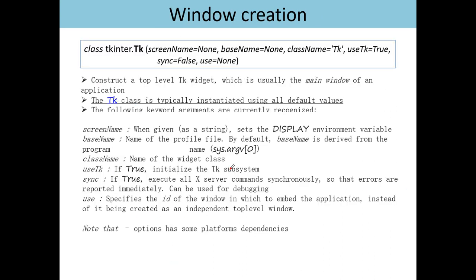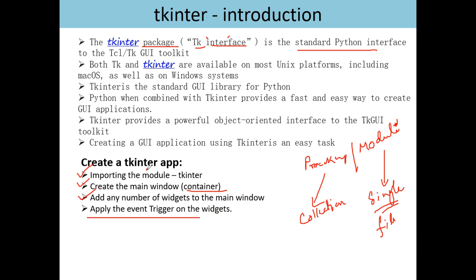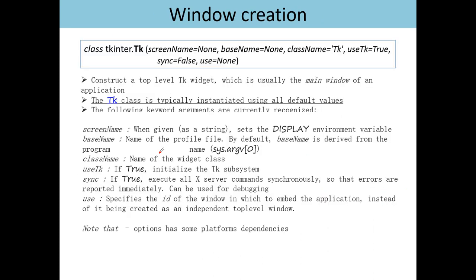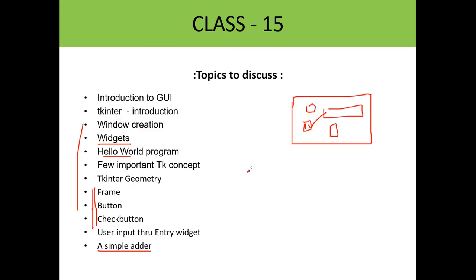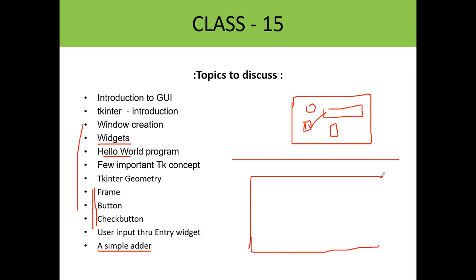Now here, how to create a window. See here, if you want to create an application on a window platform, window meaning not the Windows operating system, but a GUI application, what you will basically need is a first container like this, that can be termed as a window.